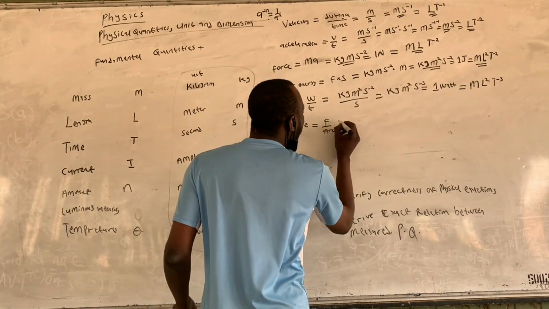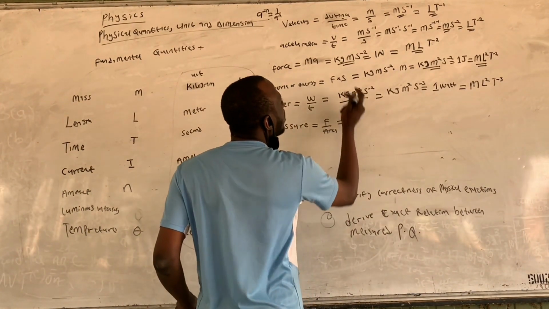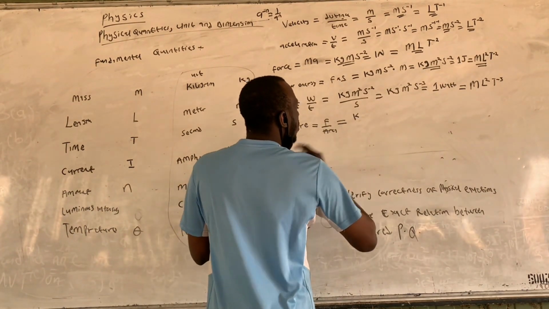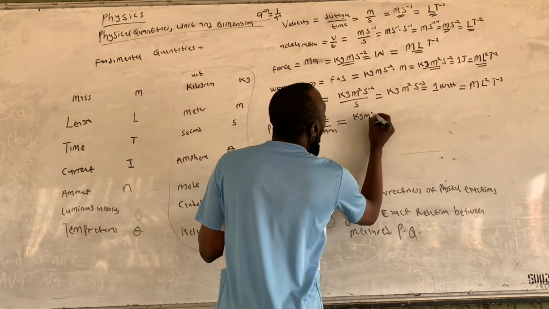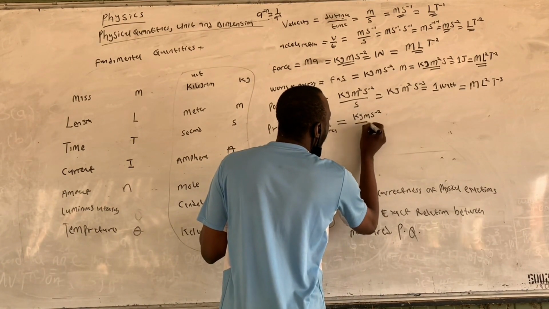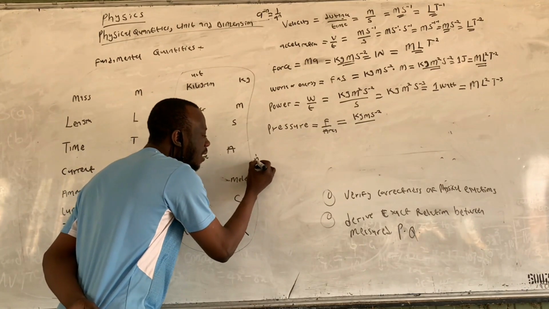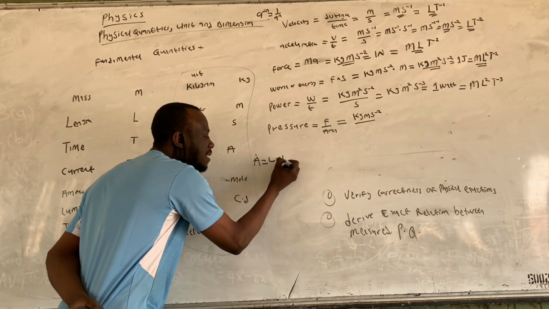Remember, the SI of force is this, kilogram meter per second squared, all over area. Remember that area A is length times length.